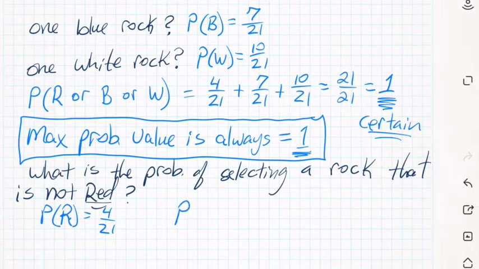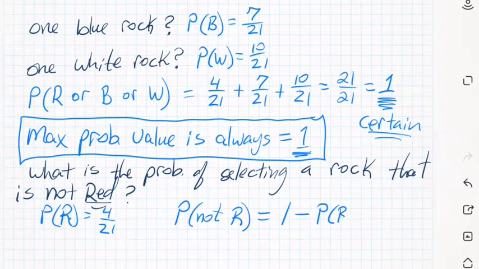So I can find the probability of not red really quickly, because if you're not red, you're blue or you're white. So it's either going to be the sum of 7 plus 10 over 21, 11 out of 21, or we can look at it this way, 1 minus the probability of being red.